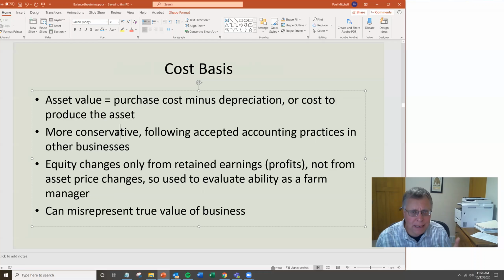The market basis captures your returns as a manager and an investor, whereas the cost basis balance sheet captures only your equity increases due to being a manager. So it's good for that, but it misrepresents the true value of the business. You might have land you bought for $6,000 an acre that is now worth $8,000 an acre. Your cost basis balance sheet will not capture that gain in land values and the subsequent increase in equity that would generate.